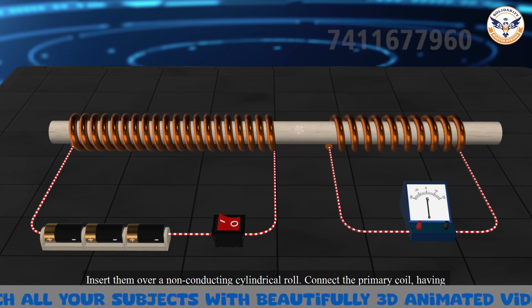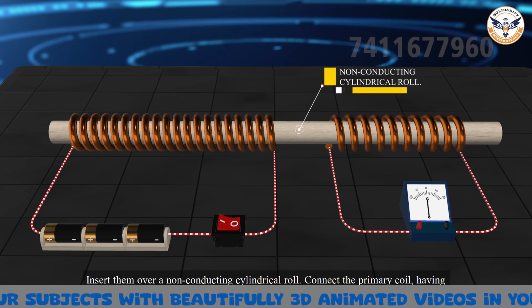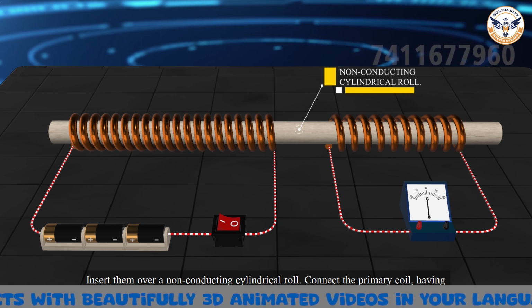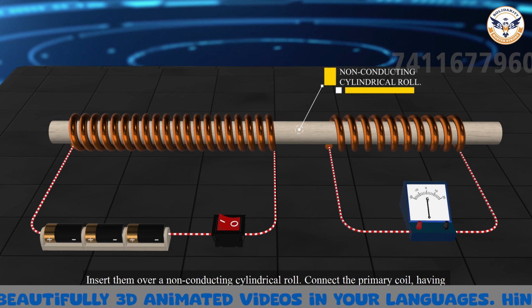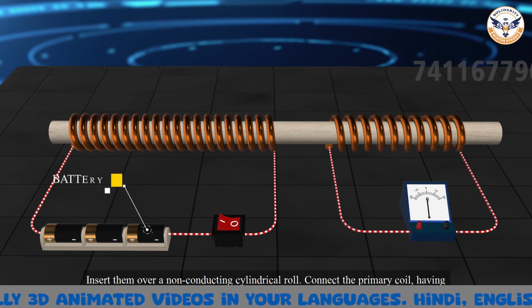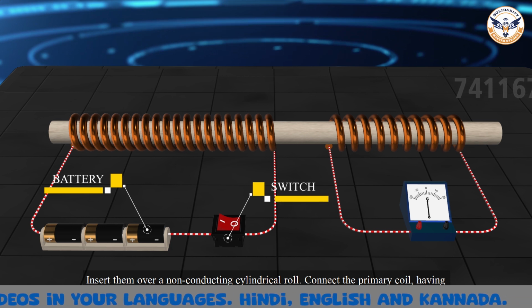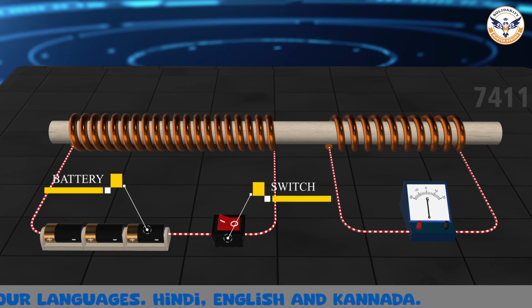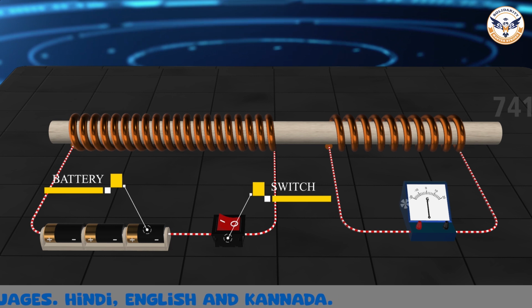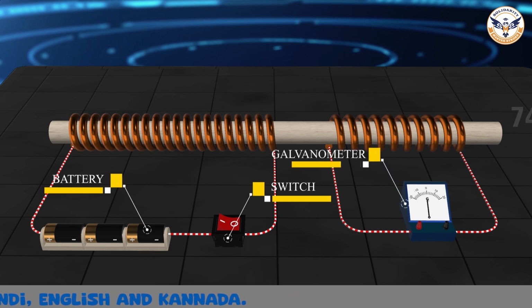Insert them over a non-conducting cylindrical rod. Connect the primary coil, having a larger number of turns, in series with a battery and a switch. Also connect the other, secondary coil with a galvanometer.